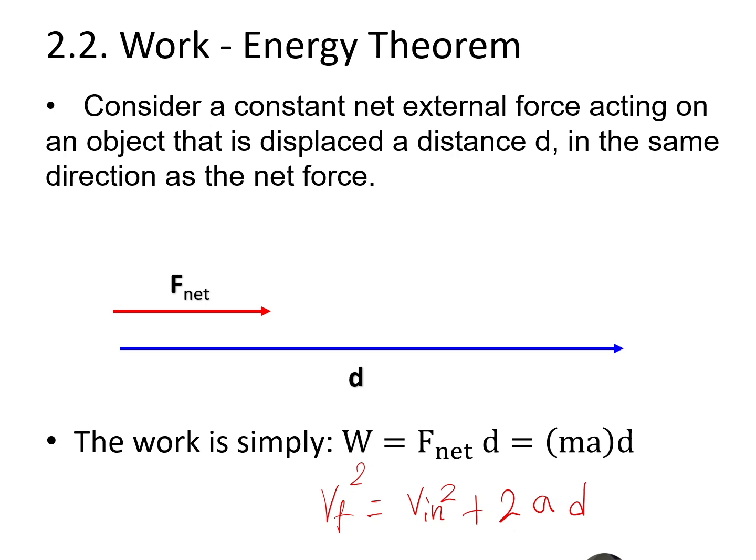That means the quantity a times d can be replaced by a speed expression. Once we do that, the work done by the net force becomes connected directly to the change in kinetic energy.